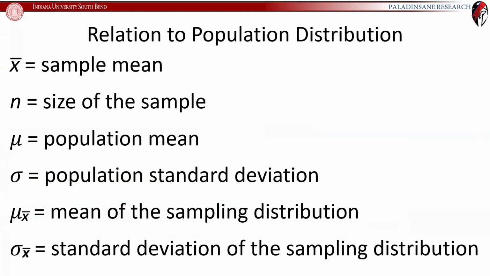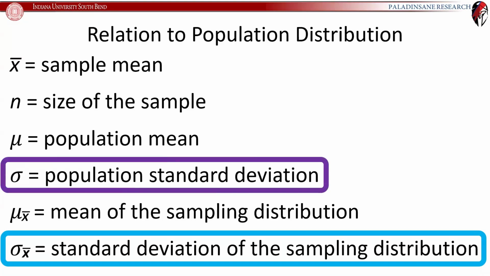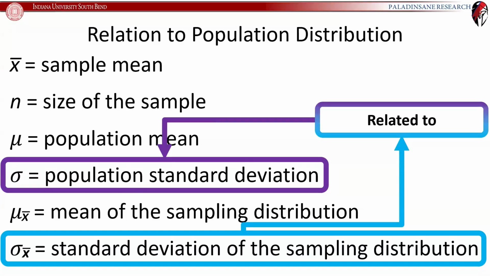All right. Standard deviation of the sampling distribution. What is the standard deviation of that sampling distribution and how is it related to the population standard deviation? Well, luckily they are related, but this time it's not as simple as being equal to each other.